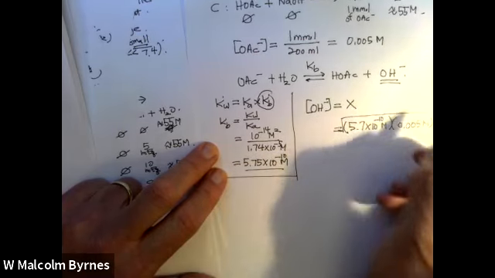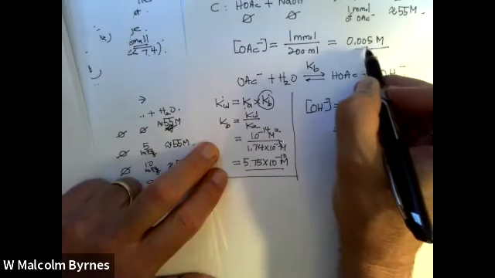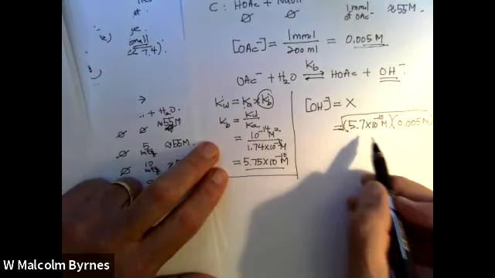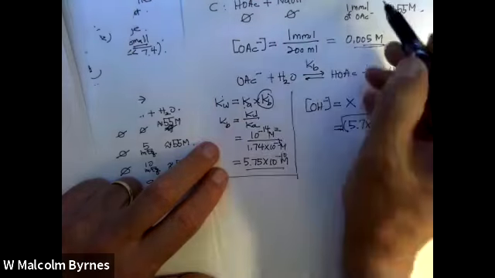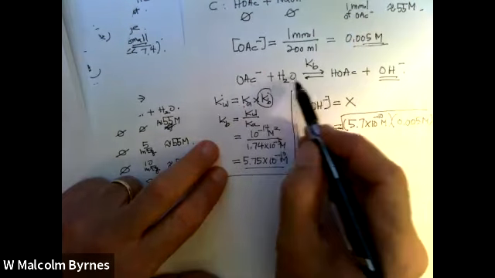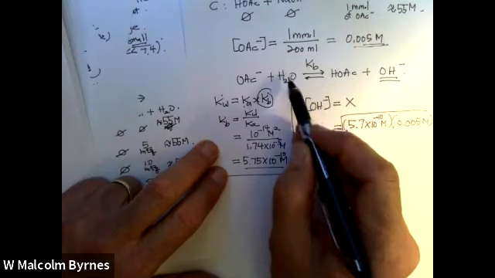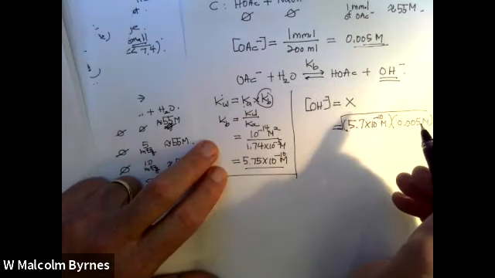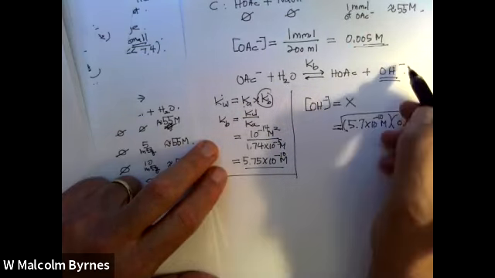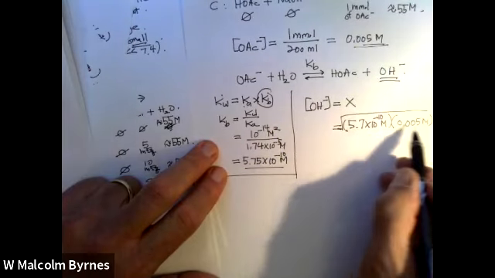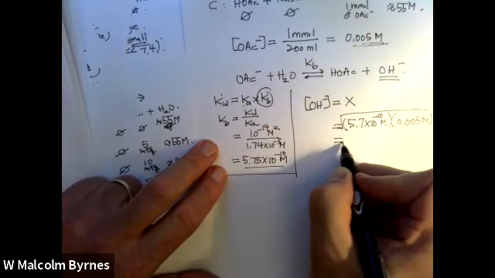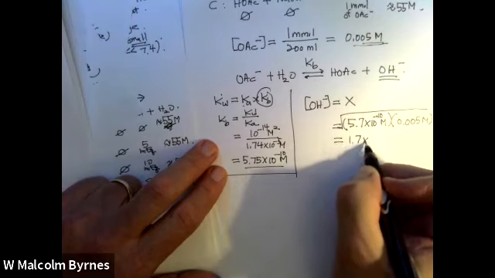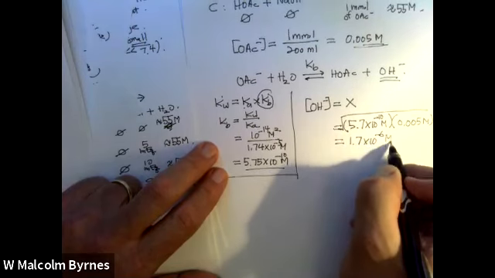That acetate that's present is going to react with water to a very small extent. We want to know how much hydroxide is produced, and this is how you determine it. That's equal to 1.7 times 10 to the minus 6 molar.